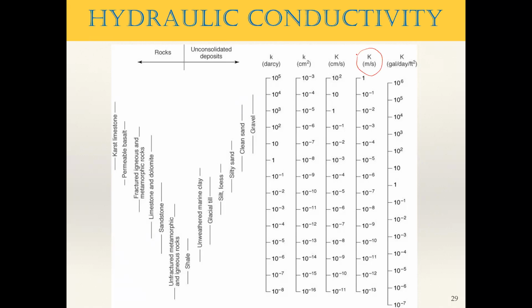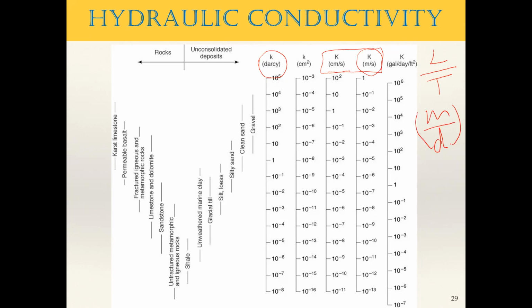But in the petroleum industry, they use a unit called the Darcy, right? I'm not going to talk about them, but in the hydrology field, we use it as length over time. So this can be meter per day. Very commonly we use meter per day, right?